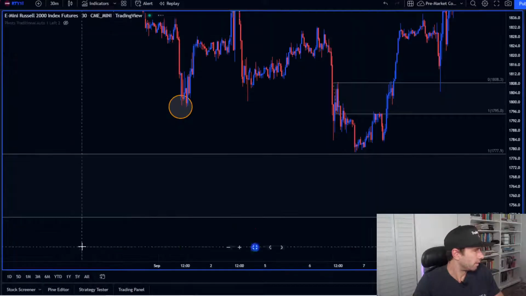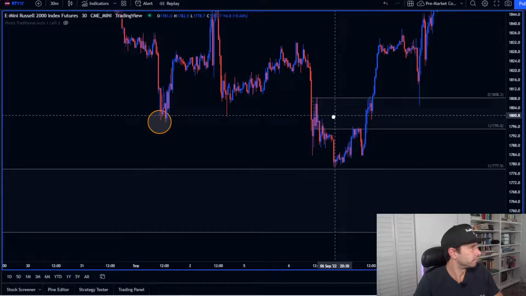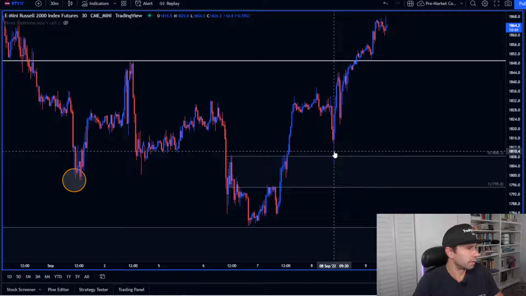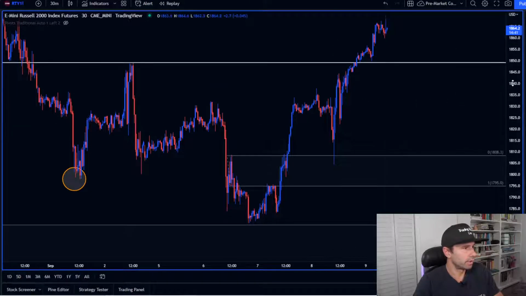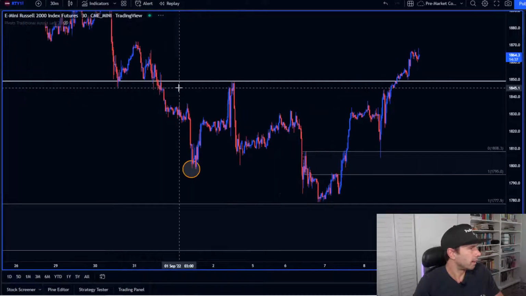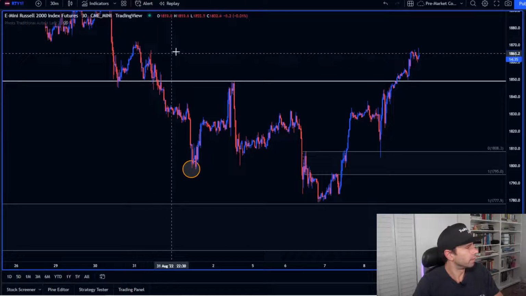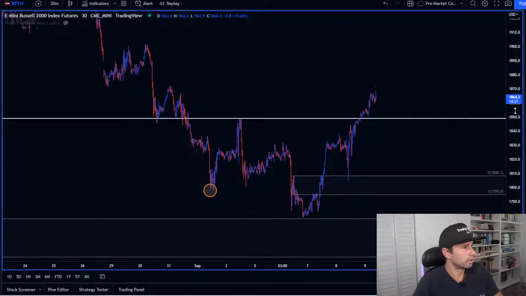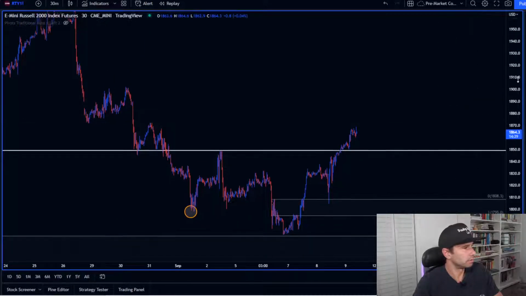All right, the RTY. We came here to the demand yesterday. We retested it and then we went up. Now this pivot, for me, the RTY has the most bullish case of all.